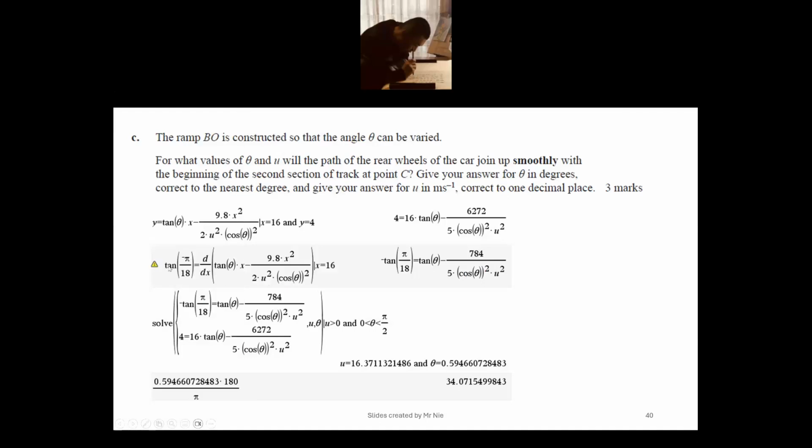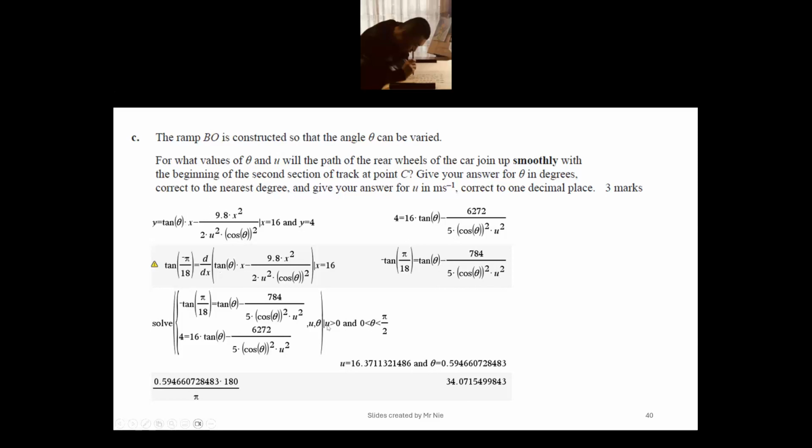So the other equation you might get is tangent of minus pi over 18 equals the derivative of this equation when x equals 16. So I actually equated the derivative to the correct tangent value and also subbed x equals 16. Doing these two steps will give us two simultaneous equations involving theta and u.